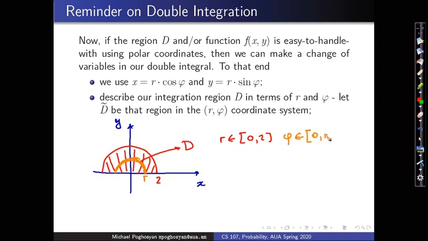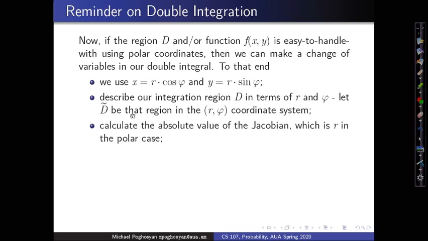So if I give this description in the R phi coordinate system, I'm describing the same half circle, the same D. This is our description in the R phi coordinate system. This is our D tilde. Okay, let me erase this.